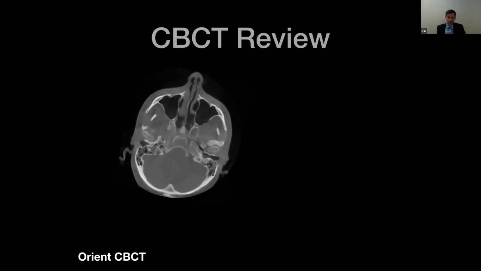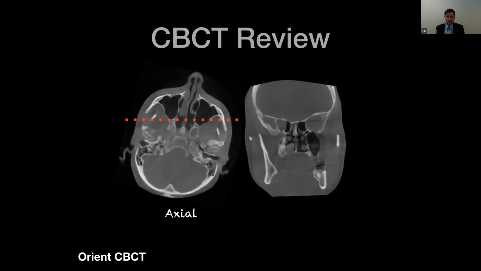Well, the patient's asymmetric. Just looking at this example that I just showed, here we see an axial slice of this patient. If I were to go through this scan, and if this was my coronal slice, this is what it would look like. Just because this patient has their head tilted, if we imagine this is my coronal slice, this is what it would look like in the coronal view.